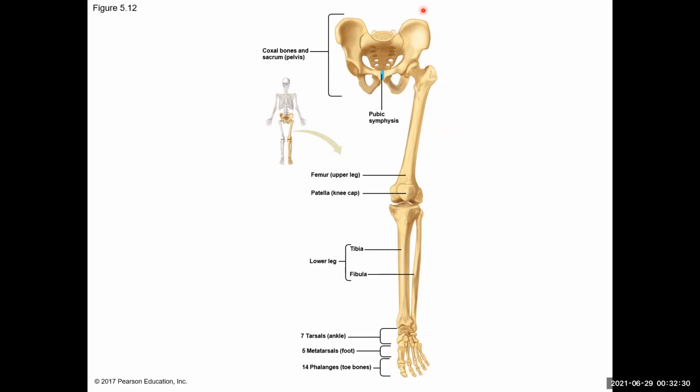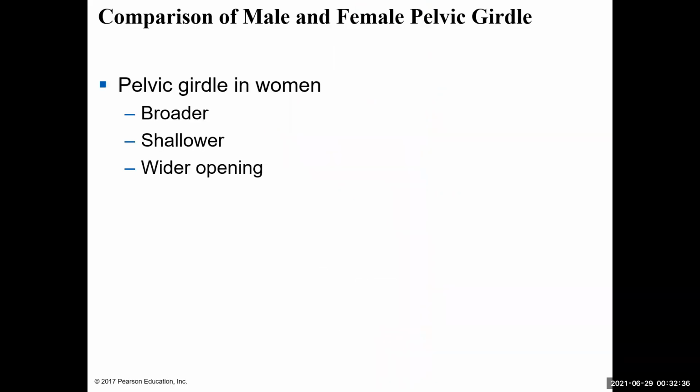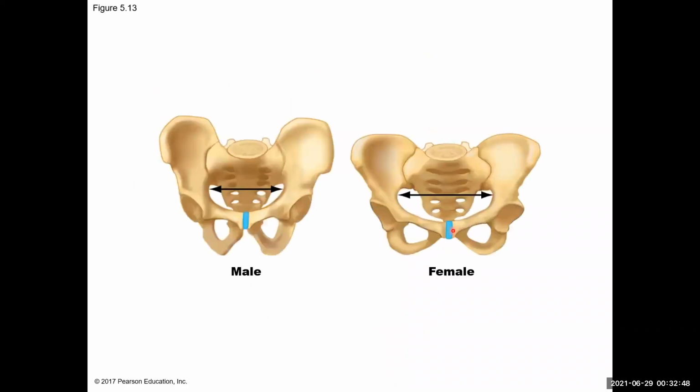Okay. And now, what's interesting with the pelvic girdle, you actually can determine gender based off of the size and shape of a pelvic girdle. So the pelvic girdle in women is actually broader, shallower, and it has a wider opening compared to males. And this is because females have to pass an embryo, fetus, a baby, out of that pelvic girdle during birth.